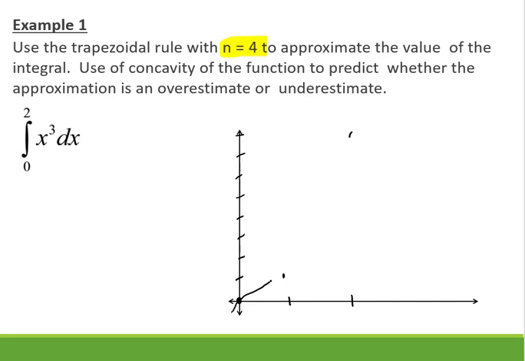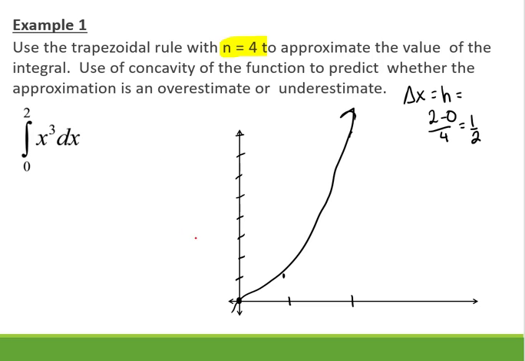So that's what my curve looks like. Okay, my delta x, or my height, is 2 minus 0 over 4, or 1/2. Since it doesn't specifically state, we're assuming that they're equal intervals. So I can use my general formula that I just gave you guys.